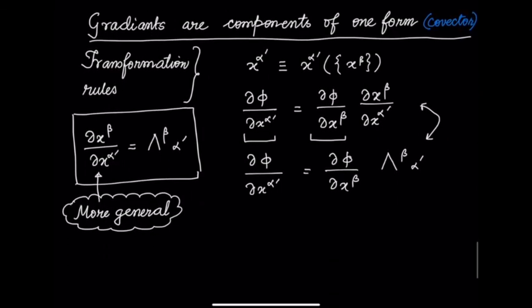Then you look at these transformation rules of the gradient, and that told us that del x beta del x alpha prime is essentially lambda alpha beta. Okay, this is what we have done so far.